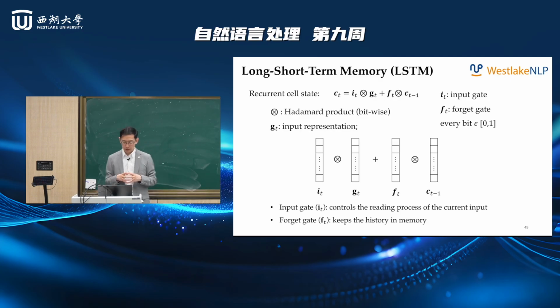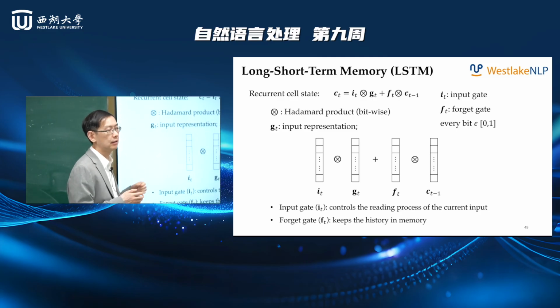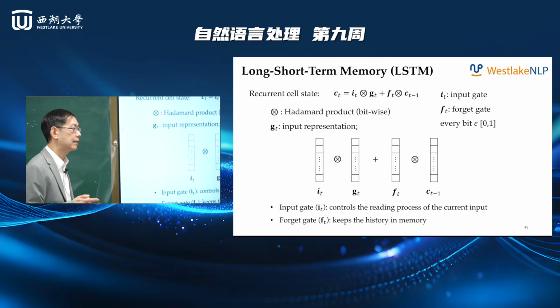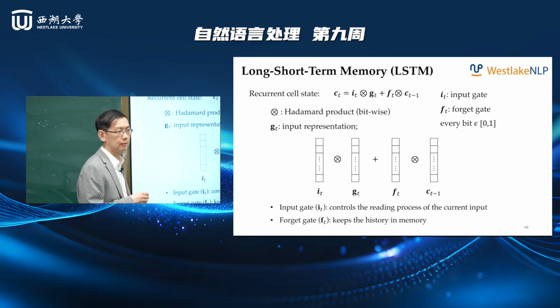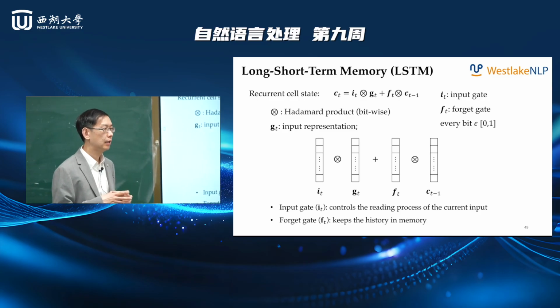If you look at the equation on top, okay, c_t is equal to i_t Hadamard g_t, plus f_t Hadamard c_{t-1}, okay? So this g_t represents the input. Why not x_t? Okay, it's x_t through a feed-forward layer. I will show you later. Just imagine g_t represents x_t, okay?